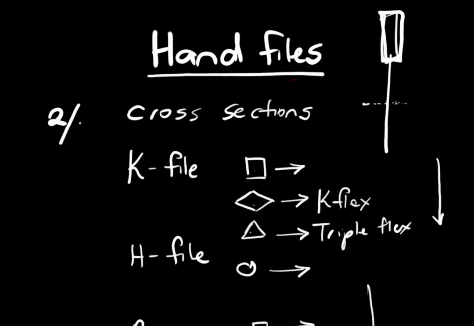So if we draw two files, and I'll just denote a K file and denote a Reimer. The K file, the flutes are very tight and horizontal like this, and the Reimer are far more spread out and longitudinal, if you like.